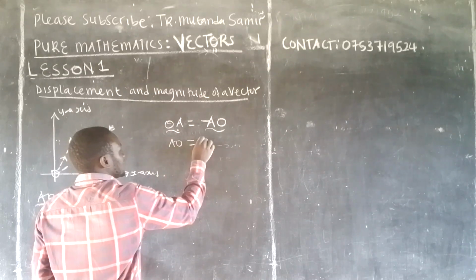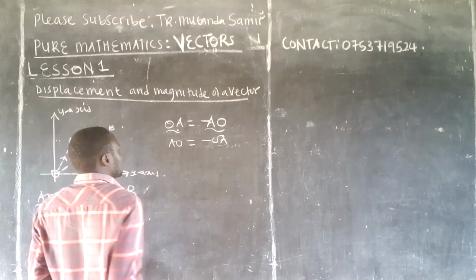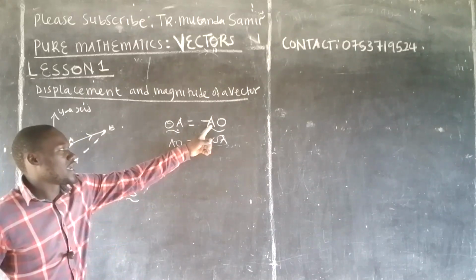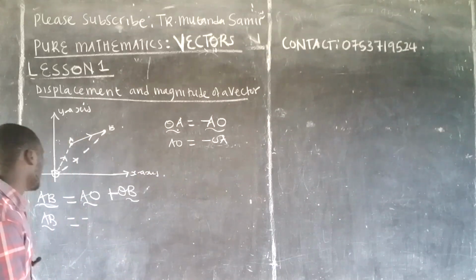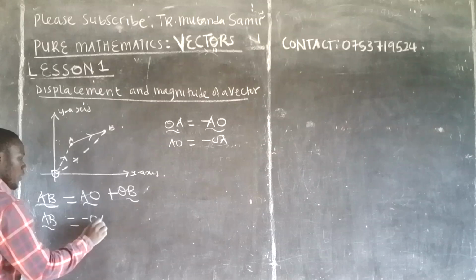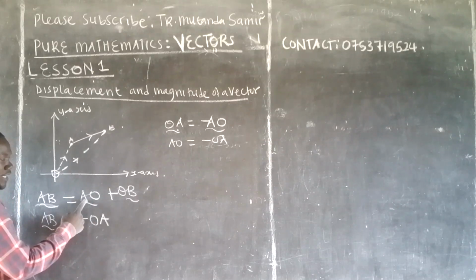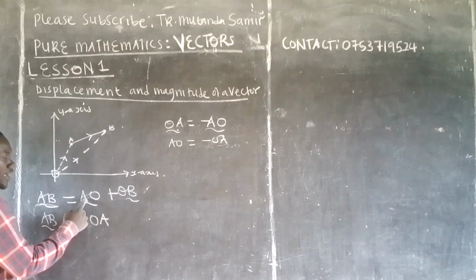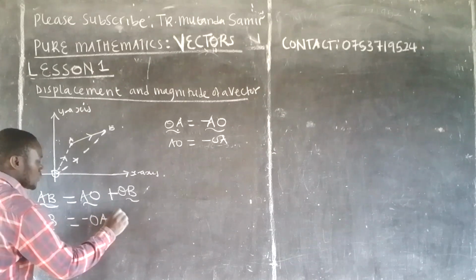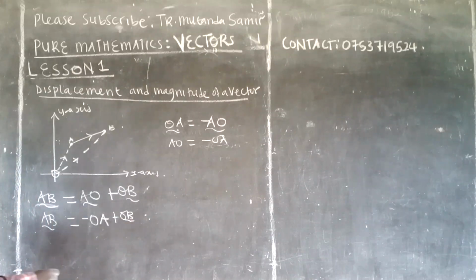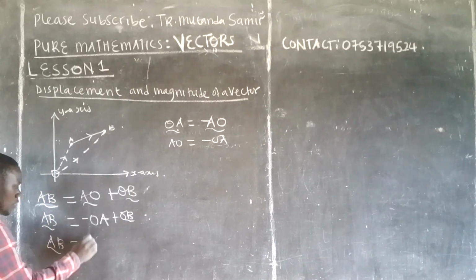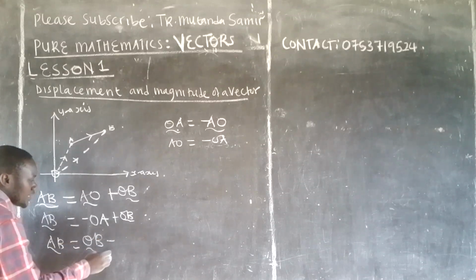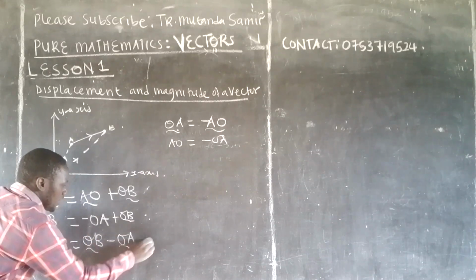AO is the same as negative OA, because you can divide both sides by negative. Once you change the order, it is AO positive. Once you start with OA, you attach a negative plus OB. But it's always good to start with the positive. So vector AB will be equal to OB, the positive, minus OA.